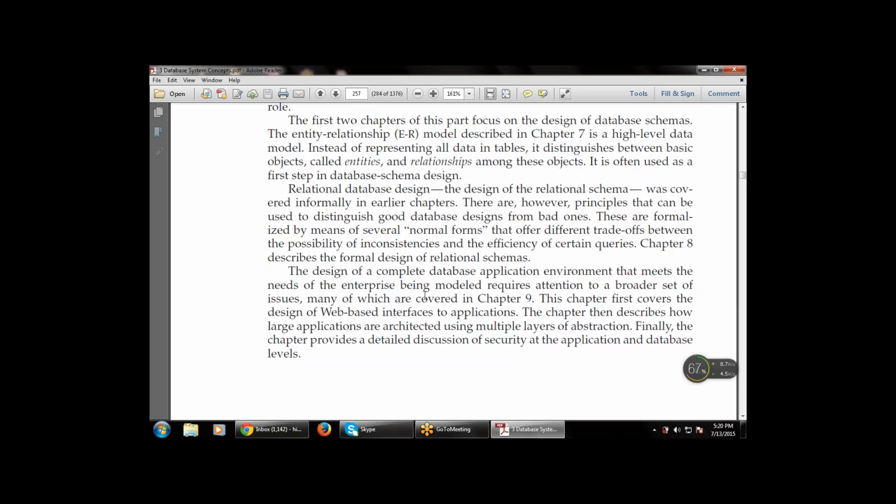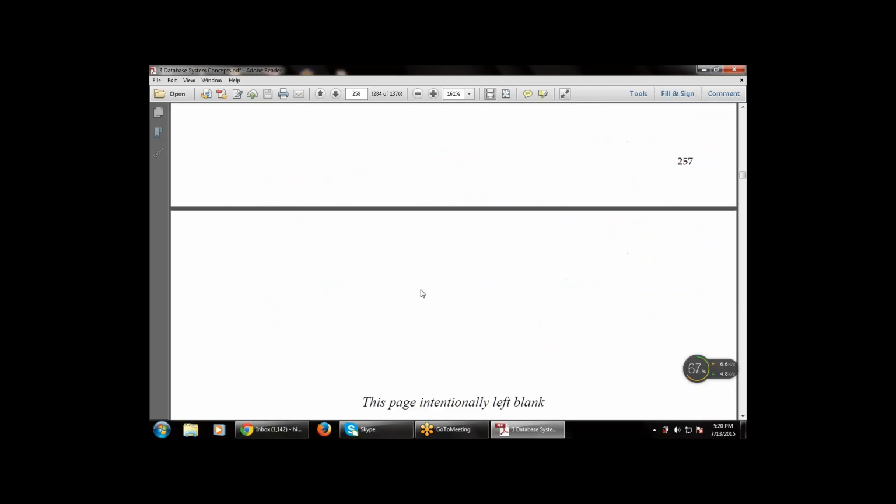This chapter first covers the design of web-based interfaces to the application. The chapter then describes how large applications are architected using multiple layers of abstraction. Finally, this chapter provides a detailed discussion of security at the application and the database levels, that is, what security provisions are available.